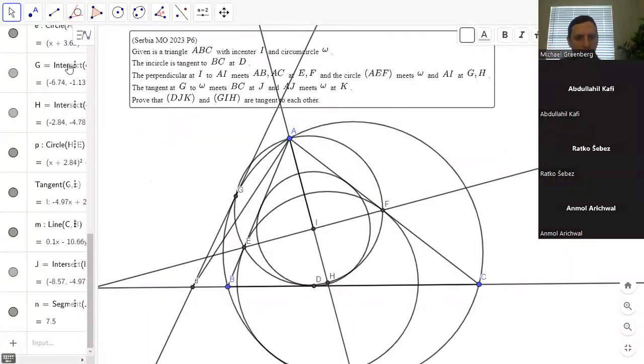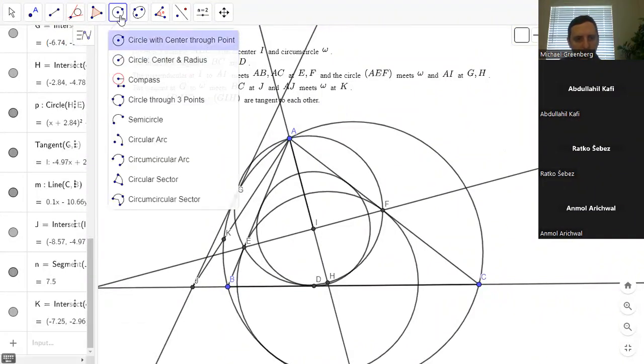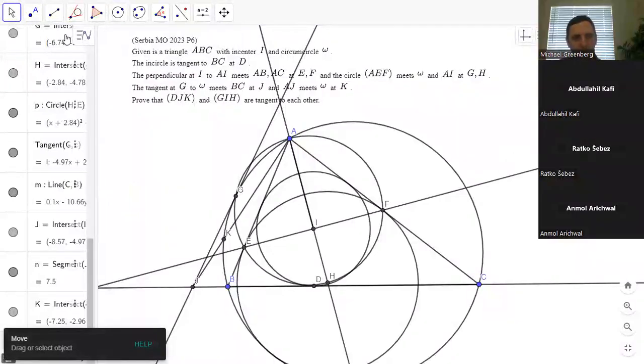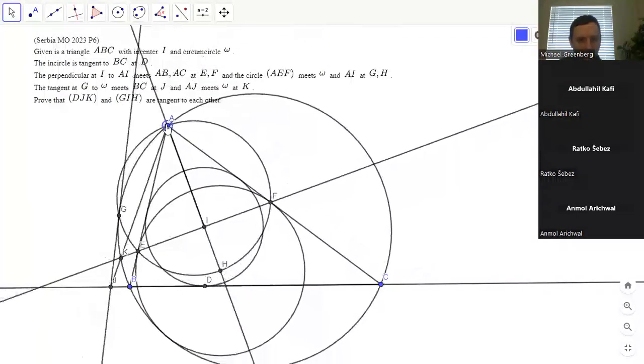So this is K. And then DJK, we want to show as tangent to GIH. Okay.